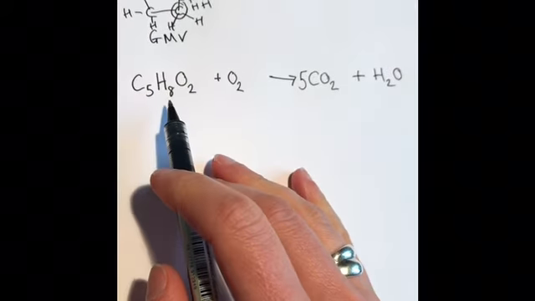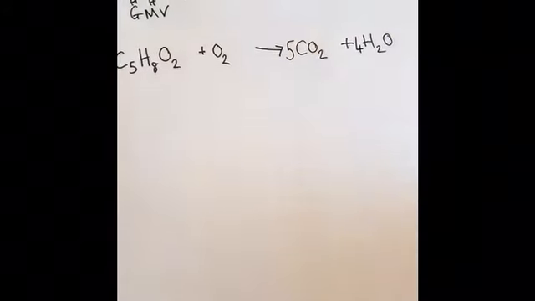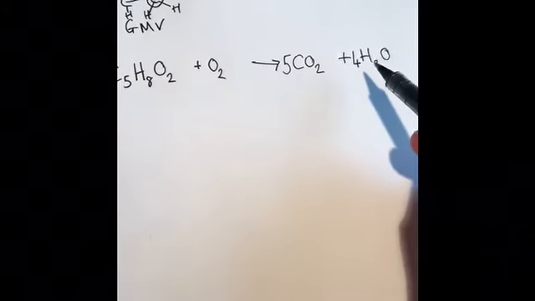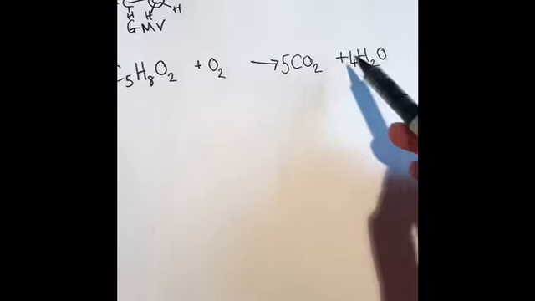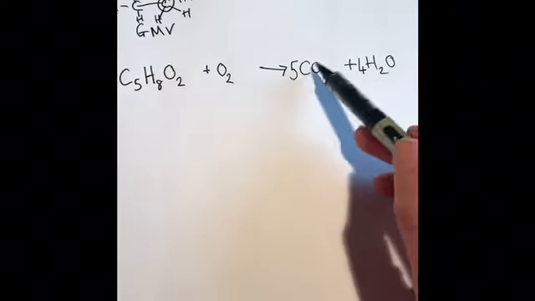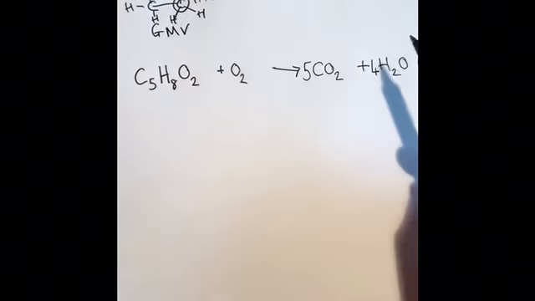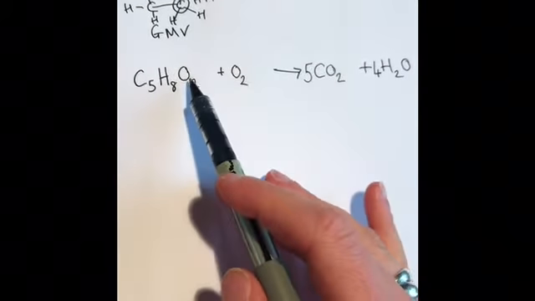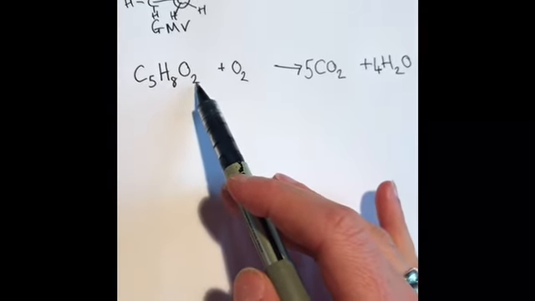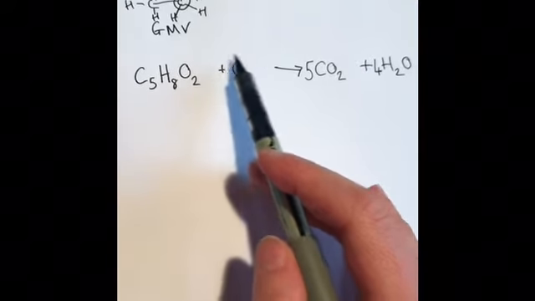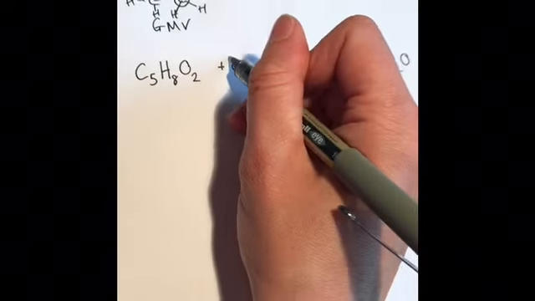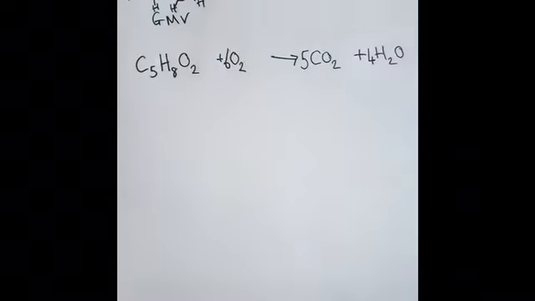We've got 8 hydrogens, so that's going to make 4 waters. Then count up your oxygens on this side. So I've got 4 here, and I've got 10 here, so that's 14. So I need 14 over here. Remembering that I've got 2 here, I need to get this up to 12, and I'm going to do that by putting a 6 in front of it.